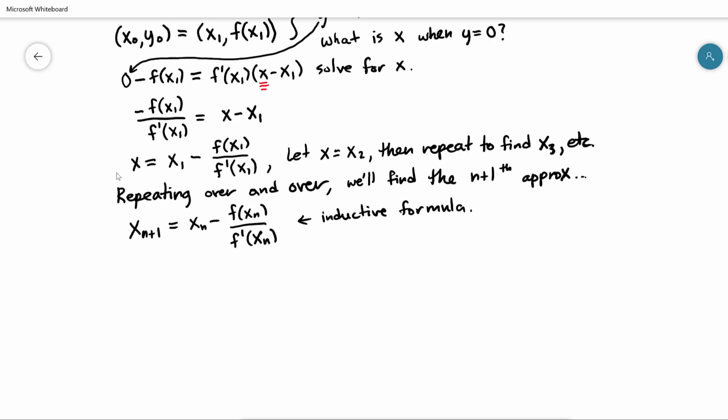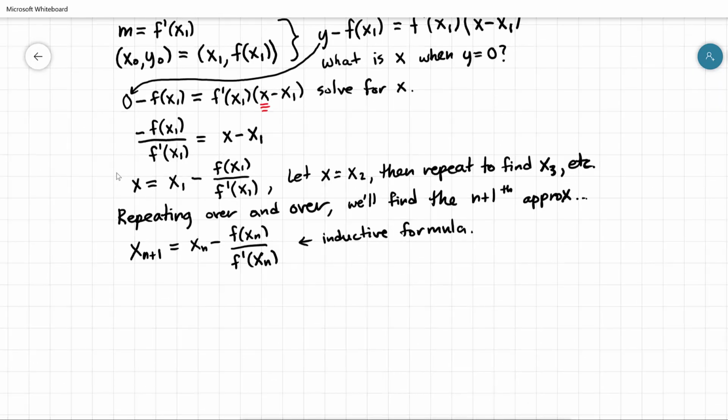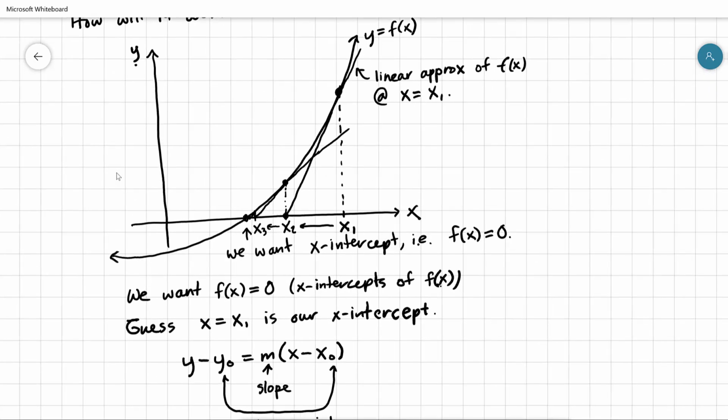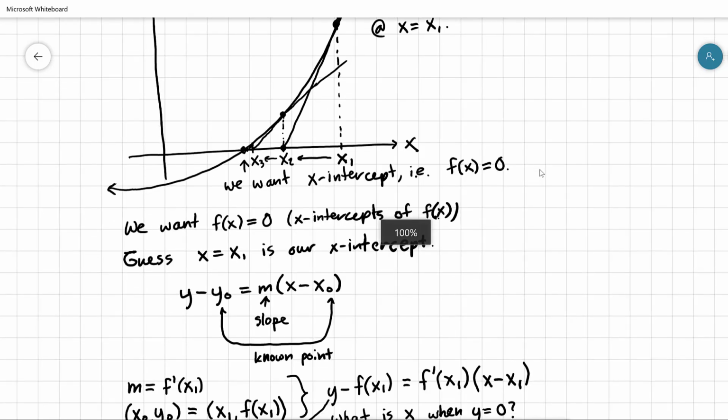Okay, so one thing that we've kind of neglected up until this point is in our example, it made it really obvious that this approach was going to work. We were going to go from a bad guess to a better guess to a good guess to a great guess, so on and so forth. And we could eventually get basically arbitrarily close to the true value, as many decimals of accuracy as we want.